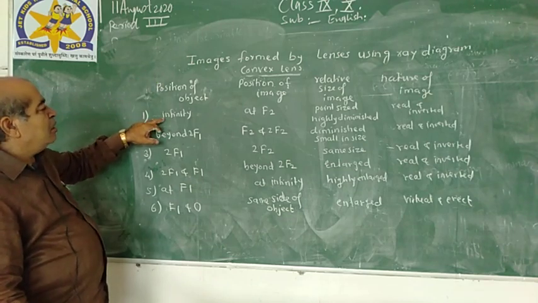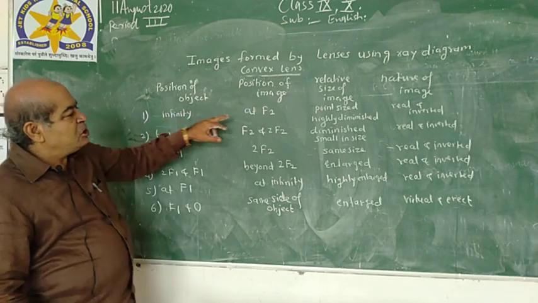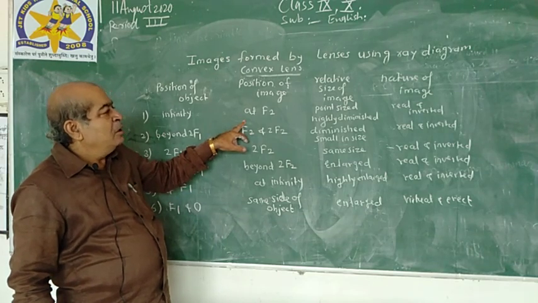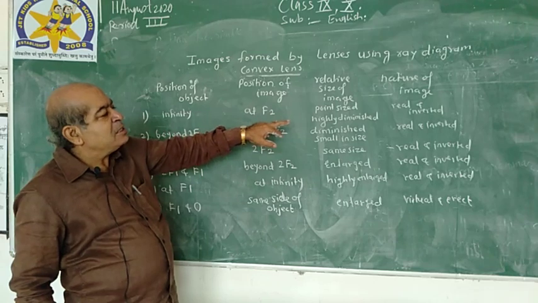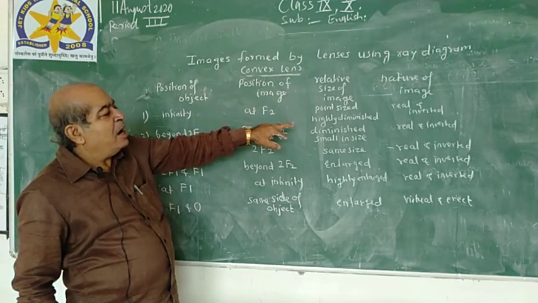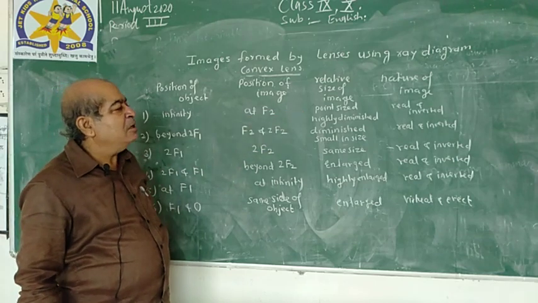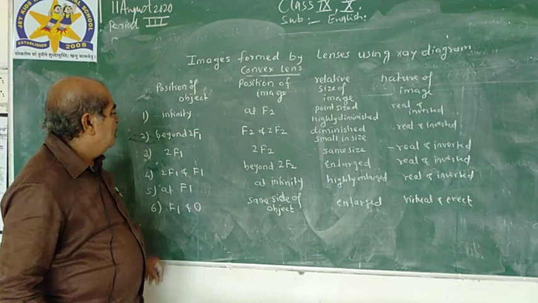First, when the object is at infinity, the position of the image is at f2. The size of the image is point-sized and highly diminished. The nature of the image is real and inverted.